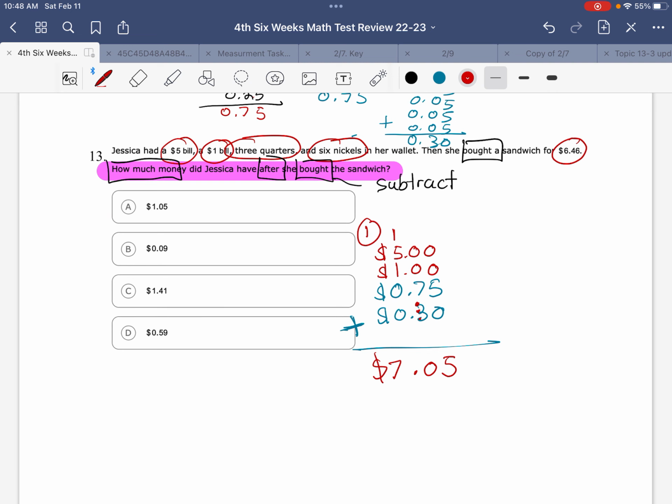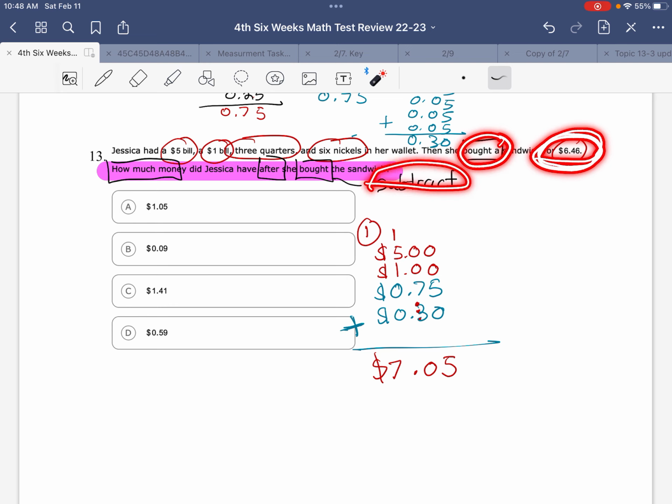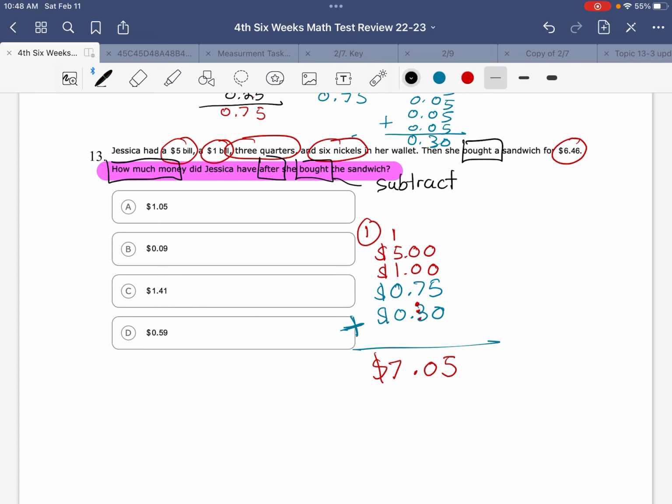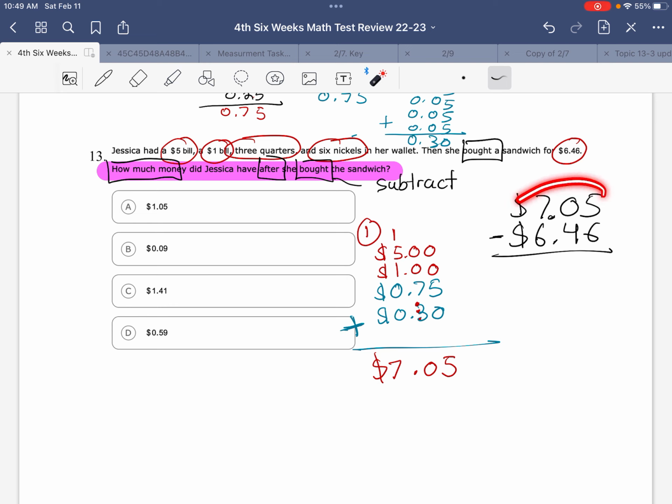Then it says that she bought a sandwich for $6.46. When it says that word bought, we said that we are going to subtract. So I'm going to subtract $7.05 minus $6.46. I'm subtracting what she has in her wallet minus what it cost her for the sandwich. I have to regroup.